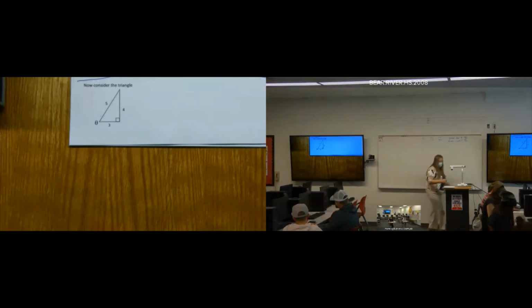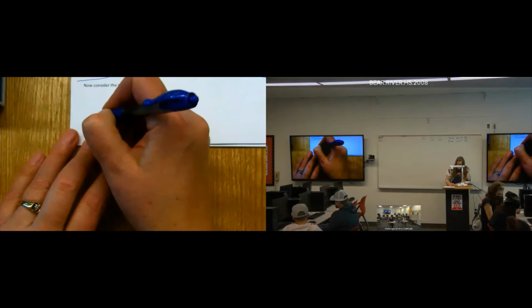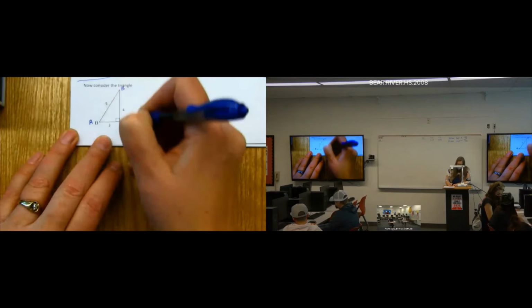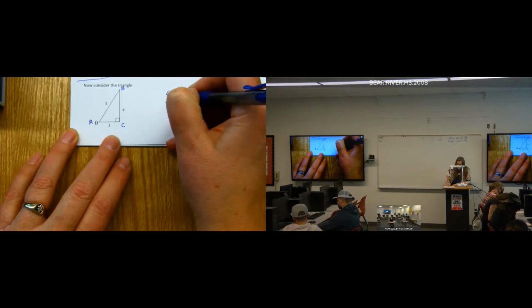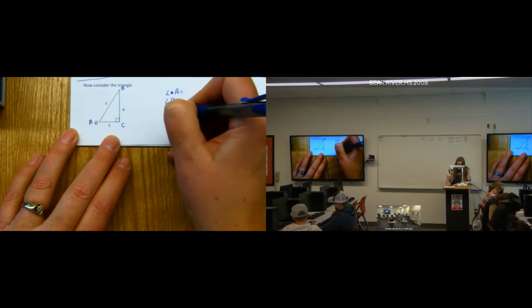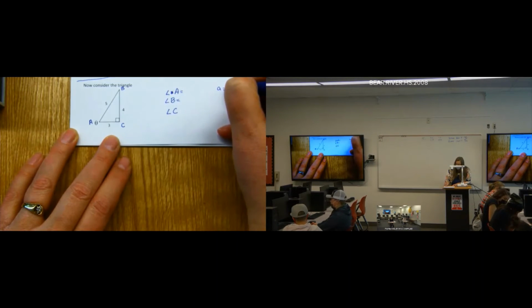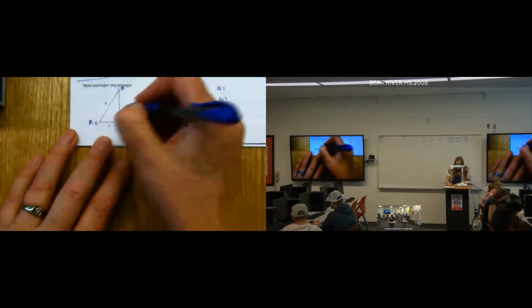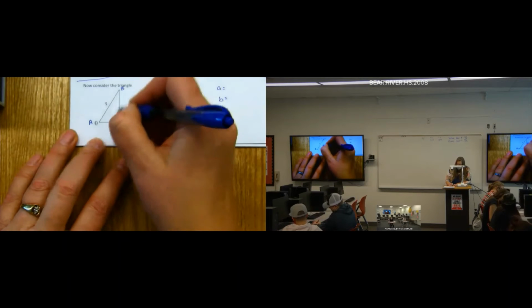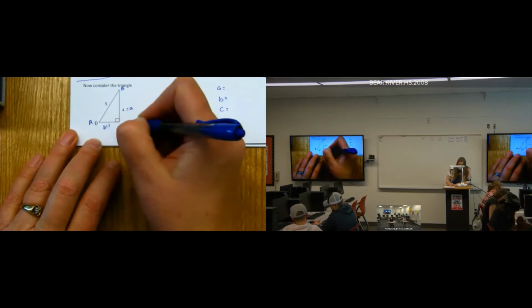We have, this side is A, this is B, this is C. So we got to find 3 angles. Capital A, B, C, and little a, little b, little c. This side is little a, this side is little b, and this side is little c.